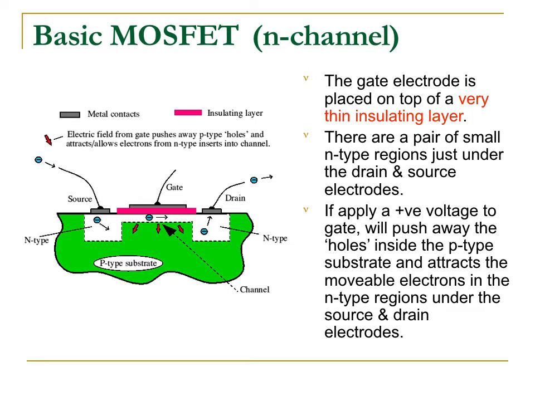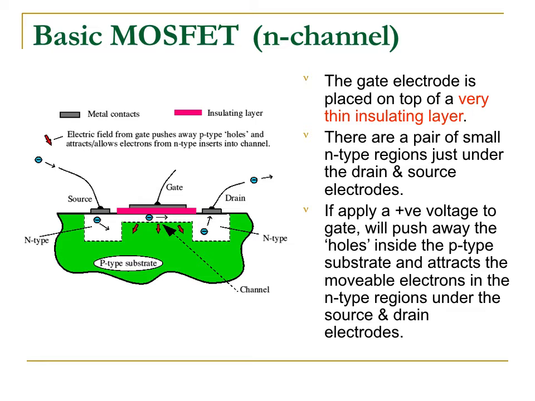This is what will happen, right? Are we getting it clear? If we give a positive voltage to the gate, where is the voltage given? To the gate. Because it has an insulating base, it's a dielectric medium.